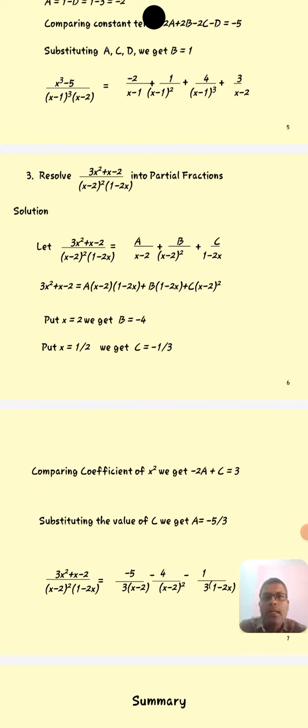The numerator degree is 2, the denominator degree is 3. So the numerator degree is less than the denominator degree, so we confirm this is a proper fraction. Whenever the proper fraction is confirmed, then it is possible to resolve into partial fractions.